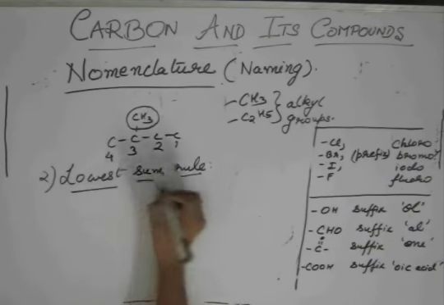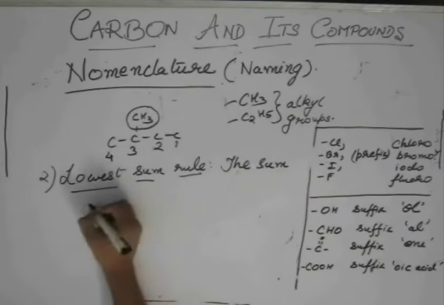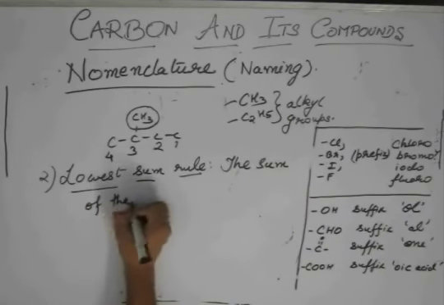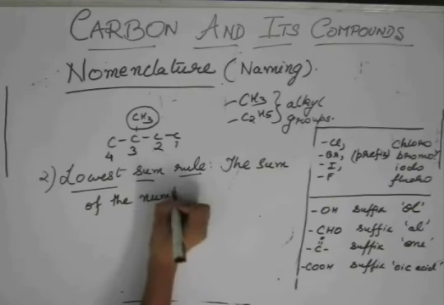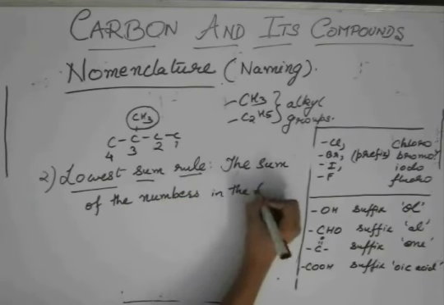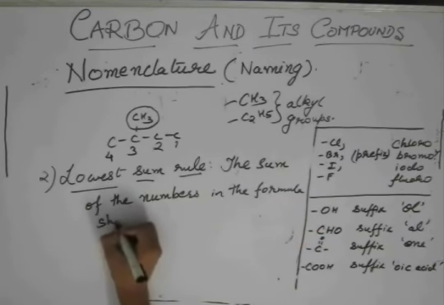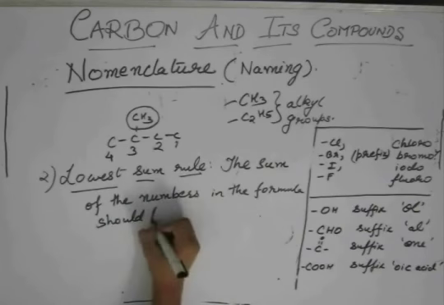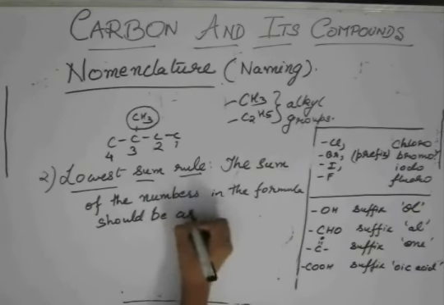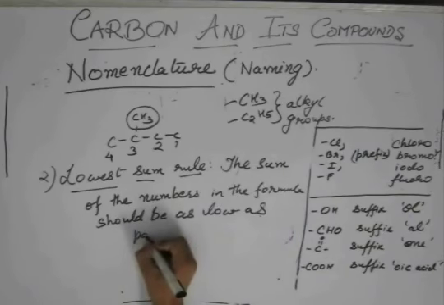According to this rule, the sum of the numbers in the name should be as low as possible.